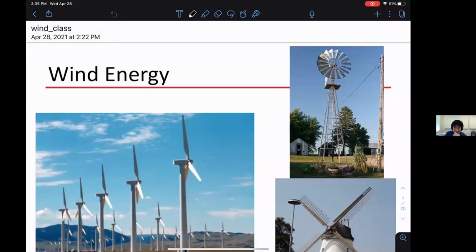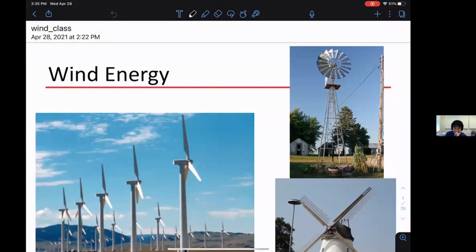We used to have wind turbines generating electricity for a very long time. But in more modern times, we really have a lot of growth in wind. Wind is probably the largest form of renewable power if you don't count hydro in the United States or around the world.